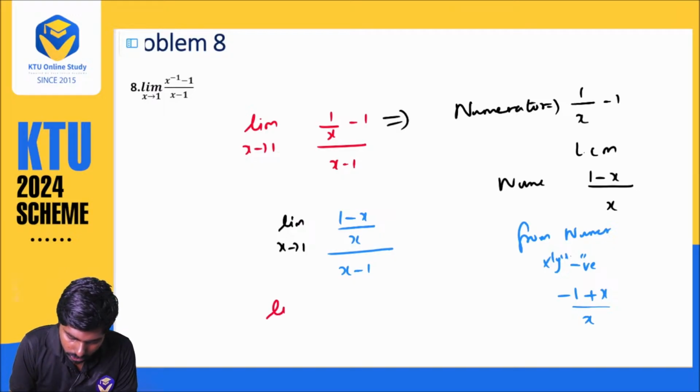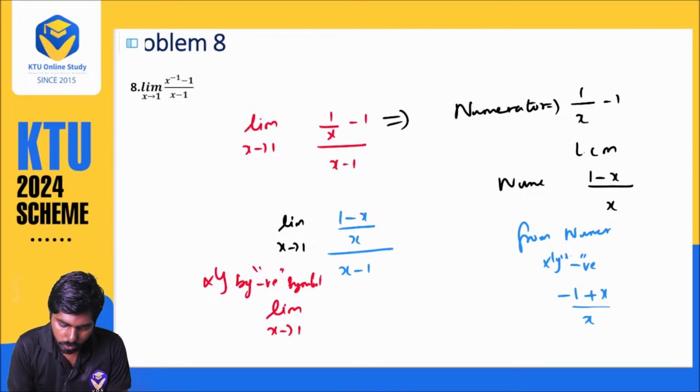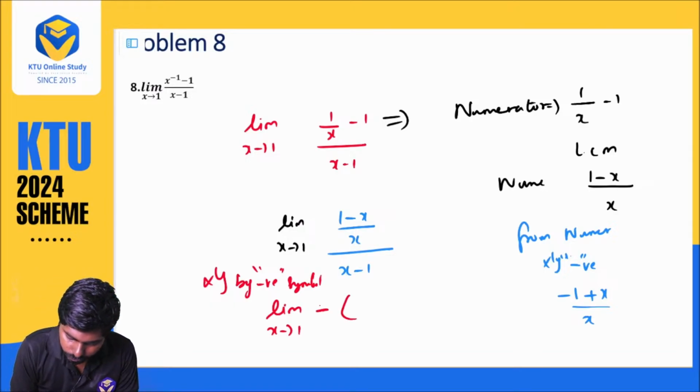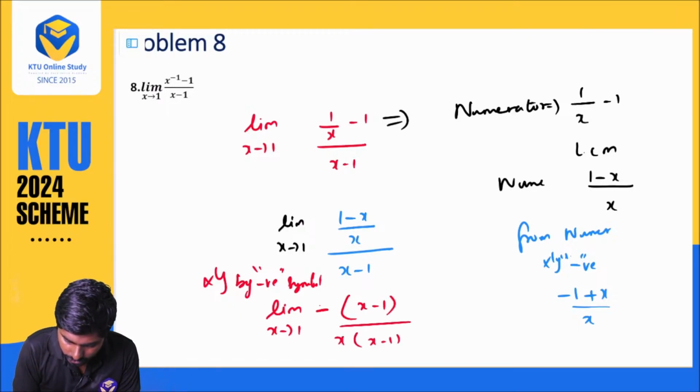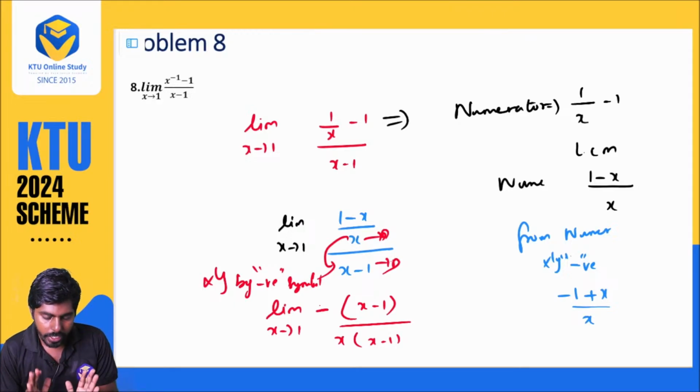So limit x approaches 1, taking the negative value, minus into (x minus 1) divided by x into (x minus 1). This x is coming into the denominator because this is also a denominator and this is also a denominator, so the denominator will be written in the same way.